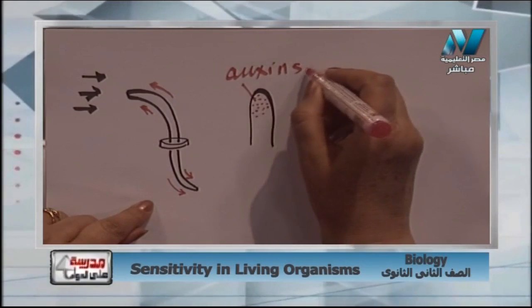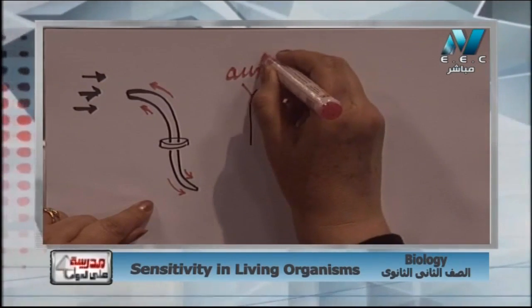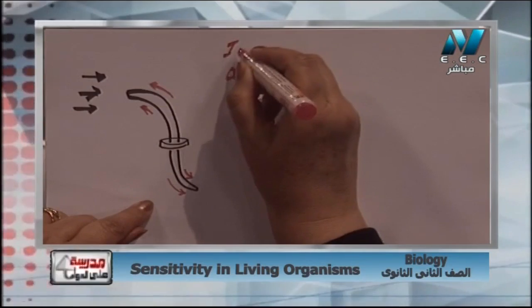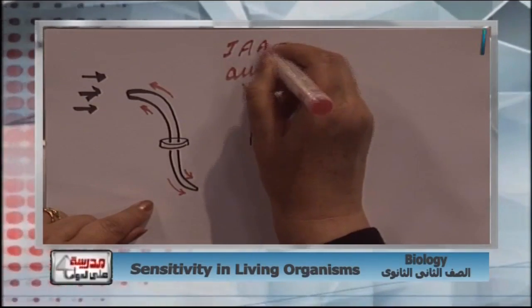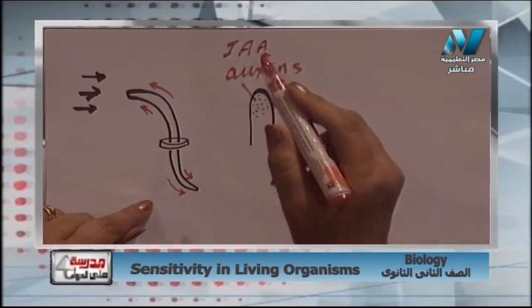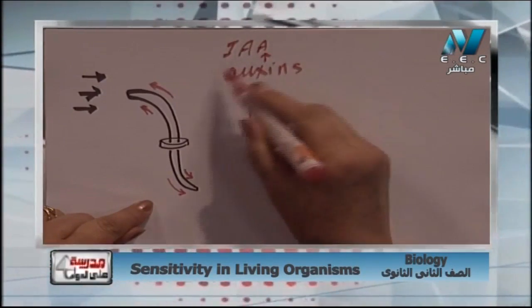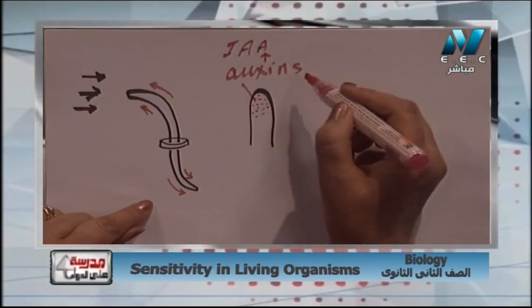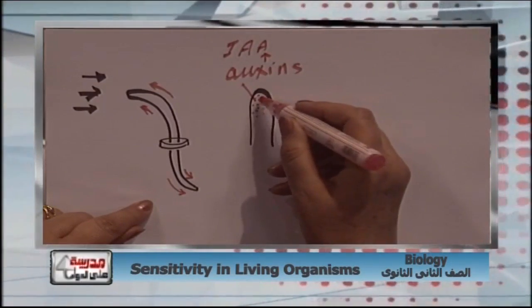And the most important one is called indole acetic acid, or IAA. So indole acetic acid is the most important one of the auxins, the plant hormones, which cause the growth of the plant.